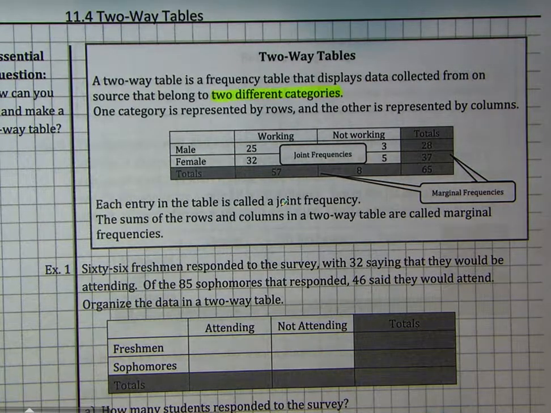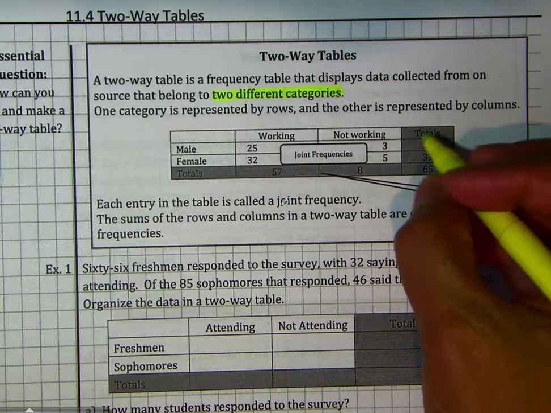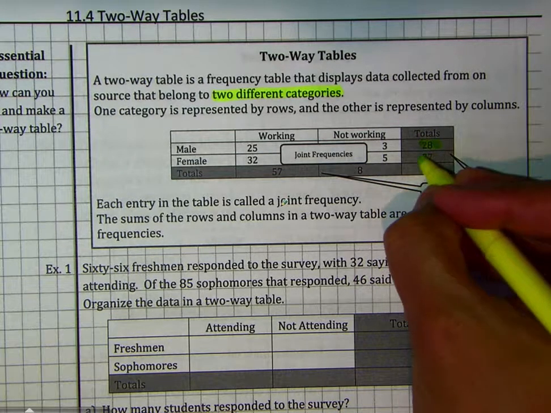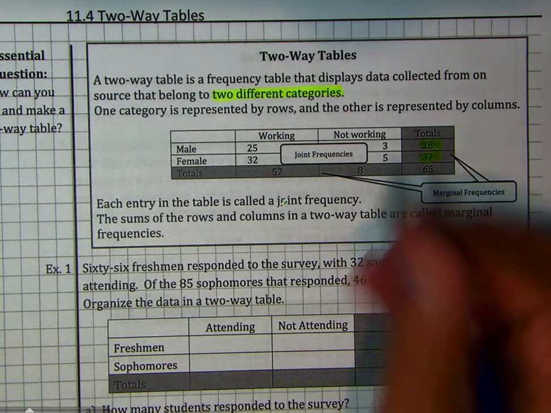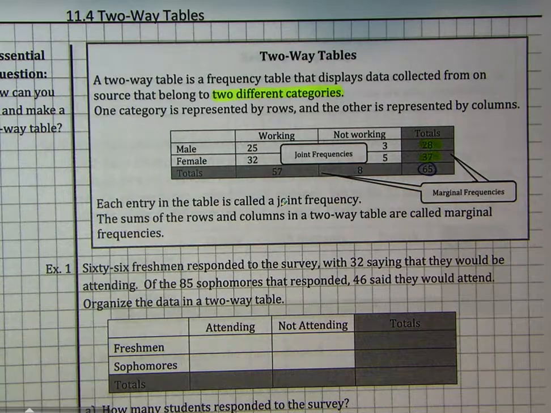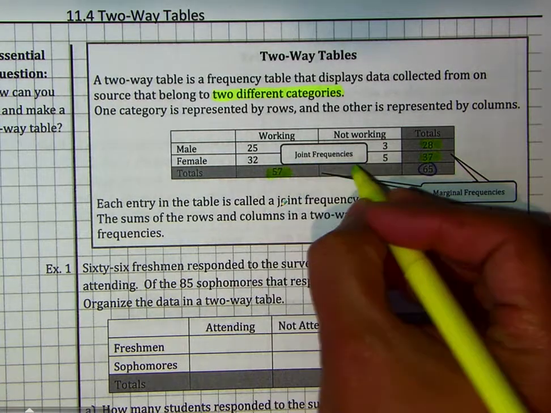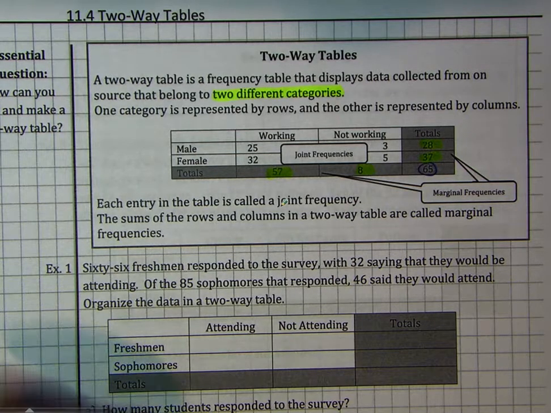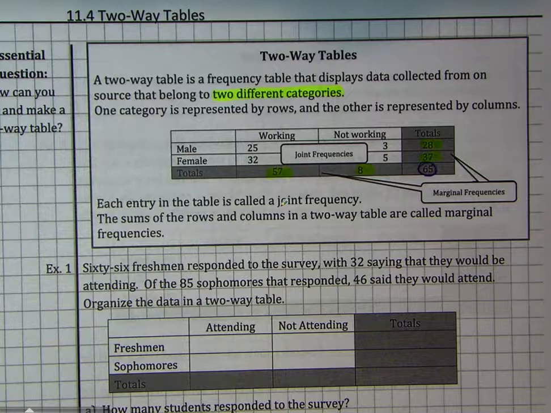So that's one way to check that we are getting the correct numbers: if you add up the totals in your column, that will give you 65, and if I add my totals in my last row, that should also give you 65. And we'll be doing that through each of these problems.